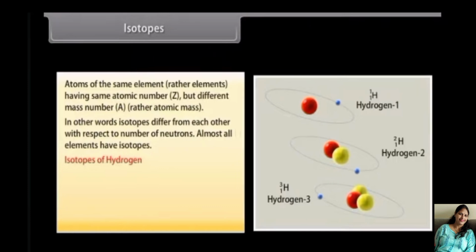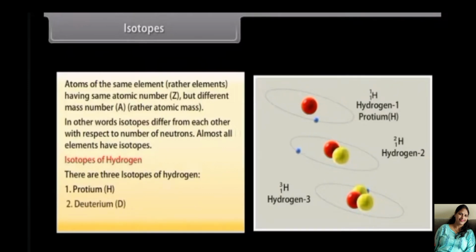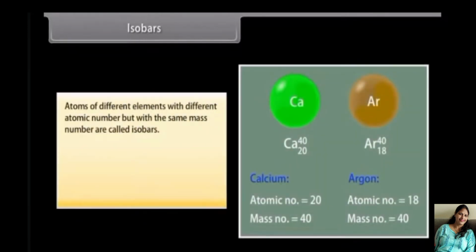Almost all elements have isotopes. There are 3 isotopes of hydrogen. First is protium, second is deuterium, third is tritium. Protium has atomic number 1 and mass number 1, and deuterium has 1 neutron, tritium has 2 neutrons.